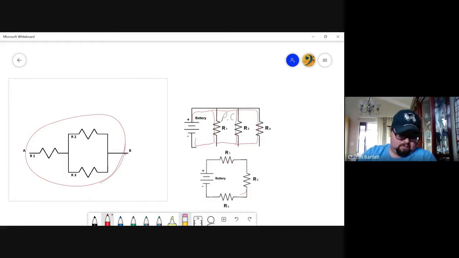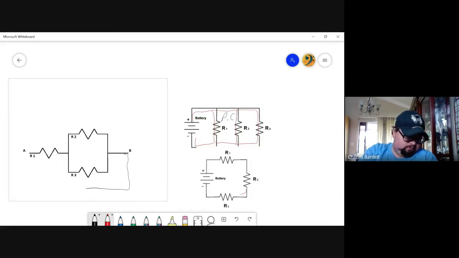So how do you trace the circuit through a combination circuit? Well, first off, you have to complete the circuit in your brain. So you've got a positive and a negative, and that's a battery. Once you do that, you can map the flow.